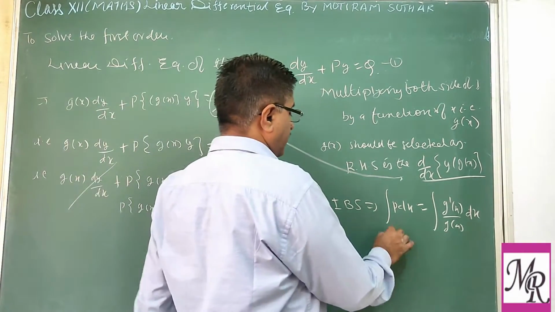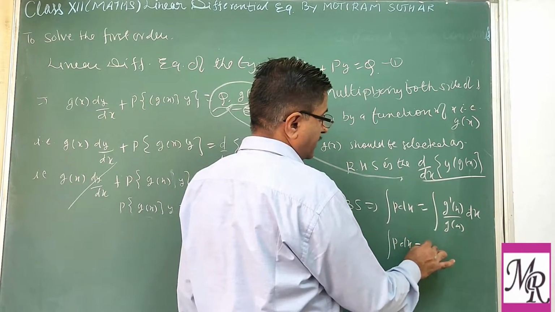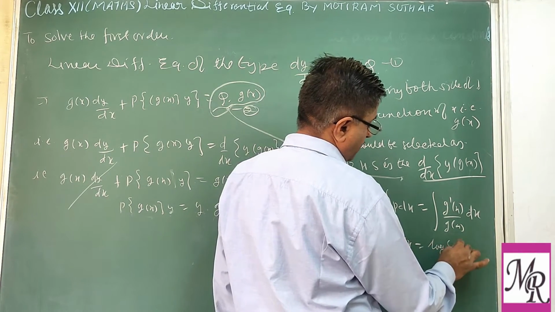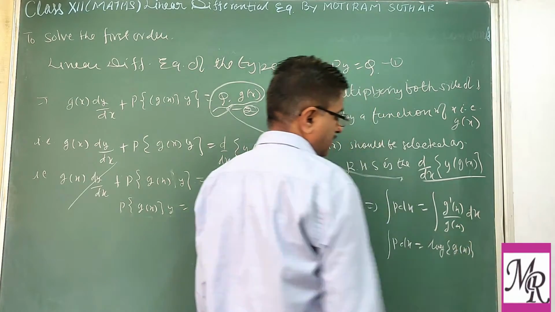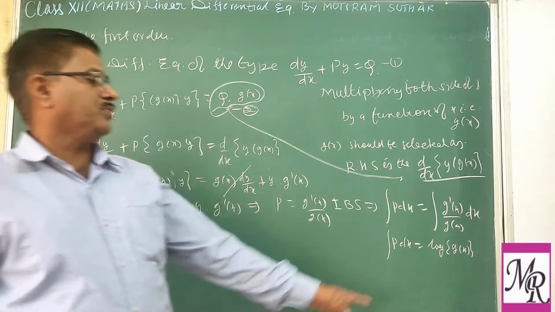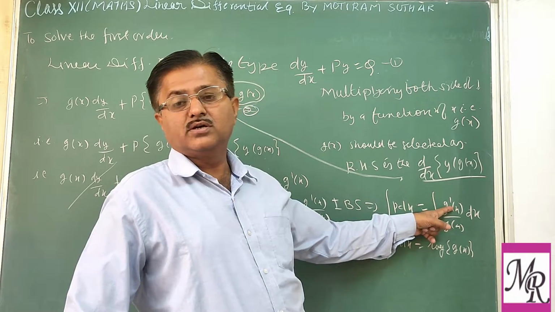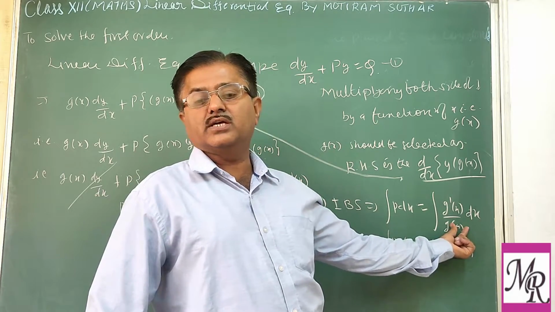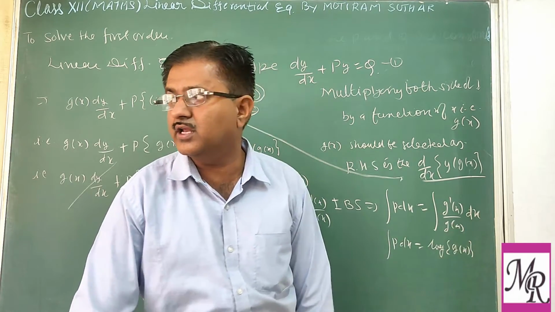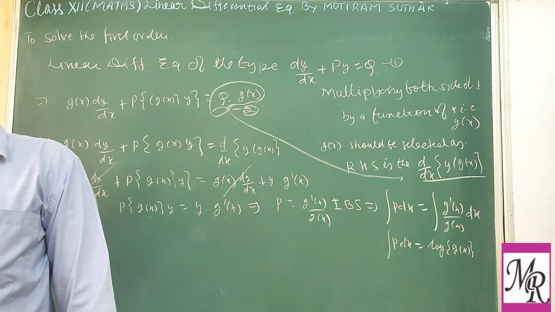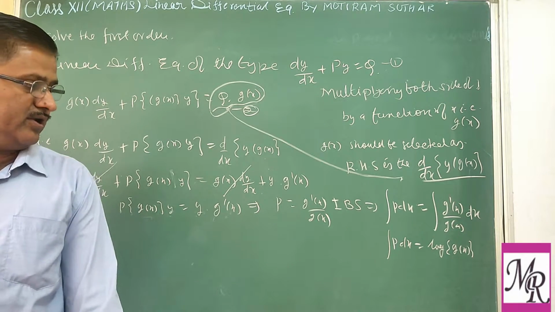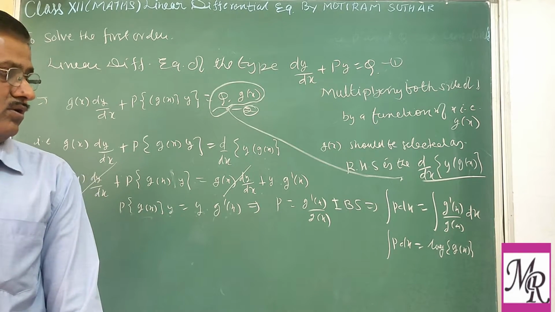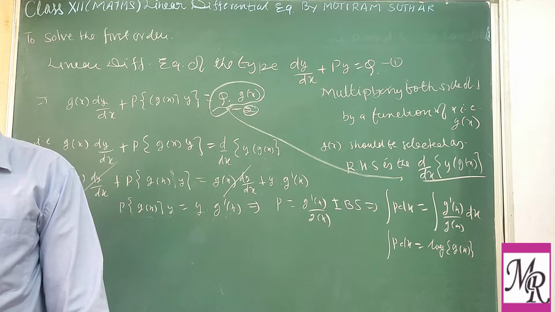So easily you can find the integration, that is log of g(x), because if you put t equal to g(x), then this is dt upon t, that is log t. You already know how to integrate a function with its derivative in the numerator and the function in the denominator. So finally, the integration of p dx is equal to log of g(x).